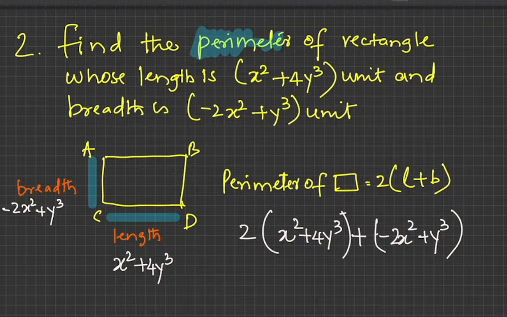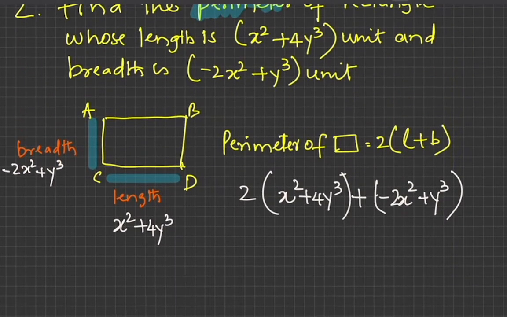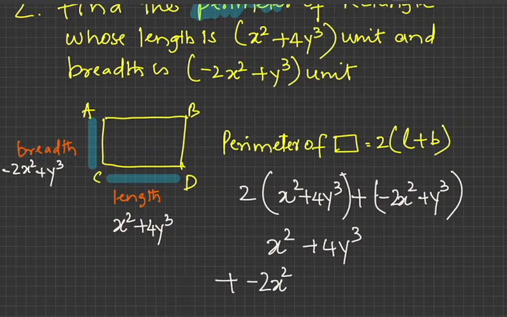So now let's first add it up. So x squared plus 4y cubed plus negative 2x squared plus y cubed. I'm actually adding it up. We are not doing the multiplication here. First we will add and then we will multiply.